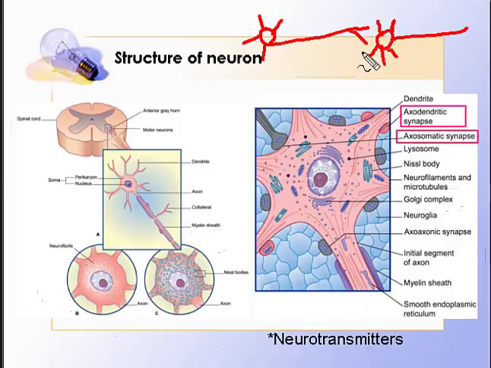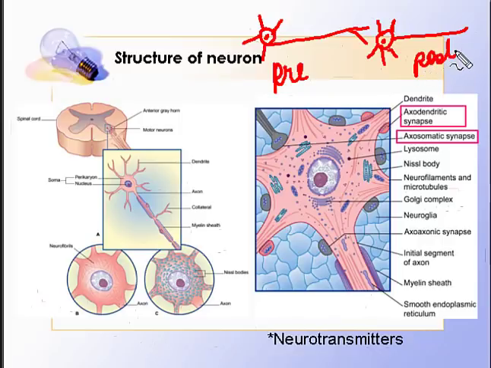There is a cleft present here, and most synapses in the brain are what are known as chemical synapses, because this neuron which is present before the synapse is known as a presynaptic neuron, and this neuron which is present after the synapse is known as a postsynaptic neuron.